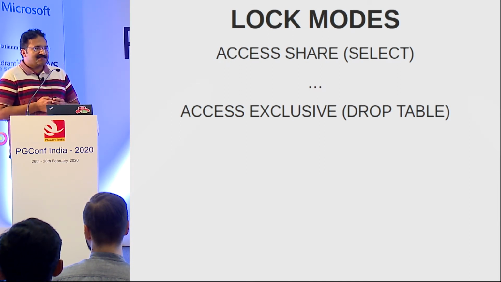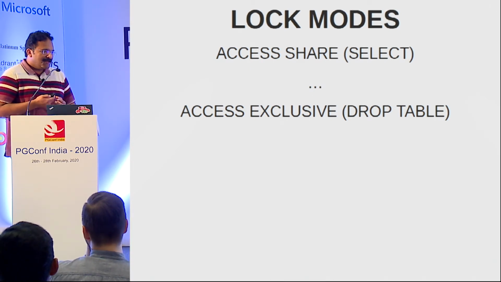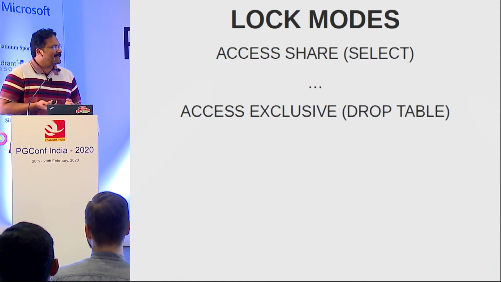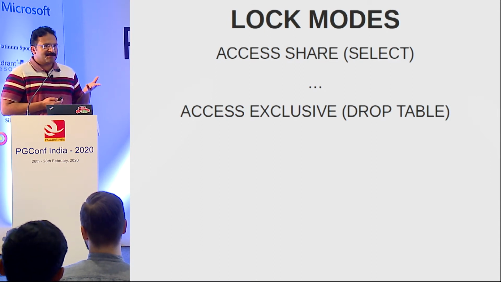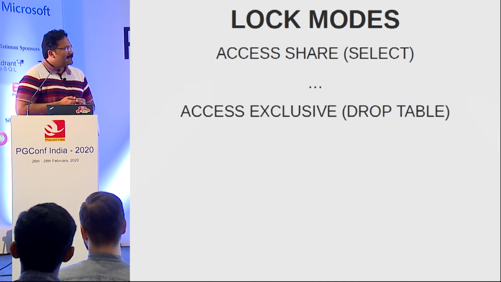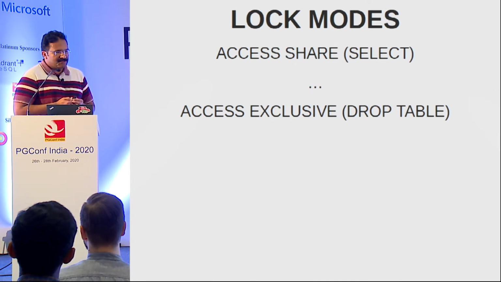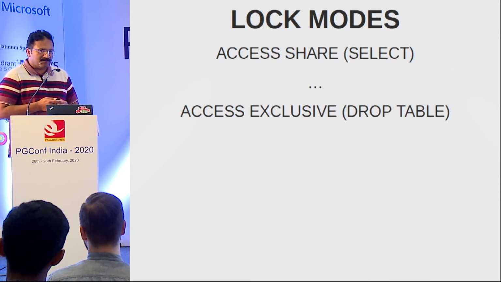Access share is a lock mode that doesn't block anything except access exclusive. So it's the lock that select queries will acquire on a table as it runs, and any number of processes can lock the table with this mode and not block selects.